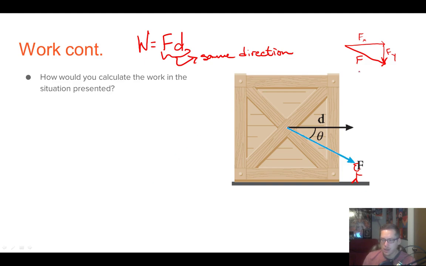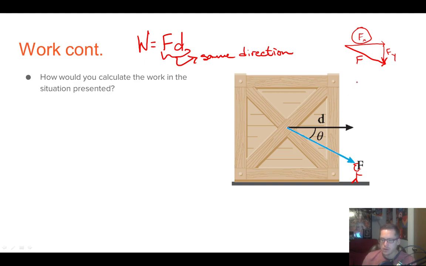We don't really care about what's pulling it down because the floor is going to stop it, and we're displacing directly to the right. So the only thing we care about is this F of x, the component of the force being applied in the x direction.